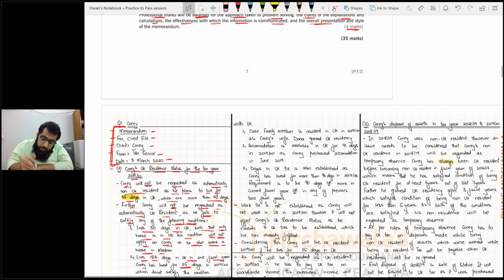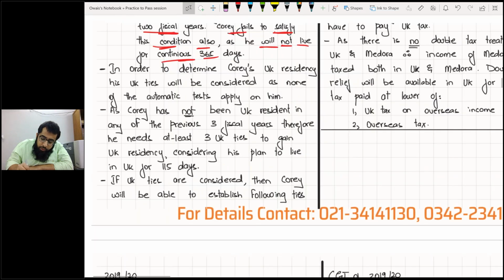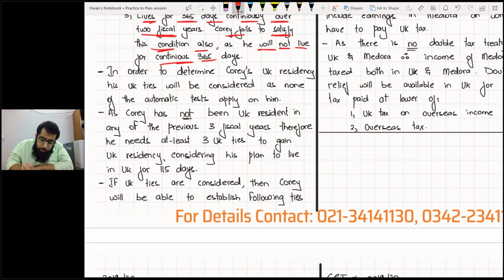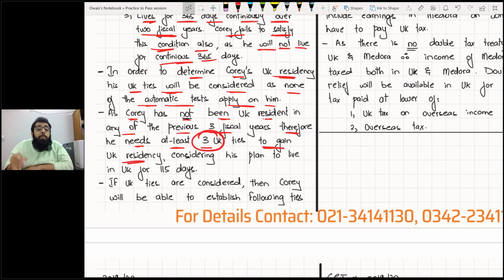In order to determine Corey's UK residence, his UK ties will be considered as none of the automatic tests apply on him. As Corey has not been UK resident in any of the previous 3 fiscal years, therefore he needs at least 3 UK ties to gain UK residency, considering his plan to live in UK for 115 days.